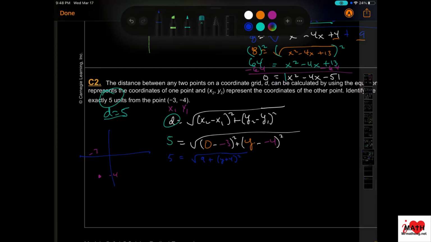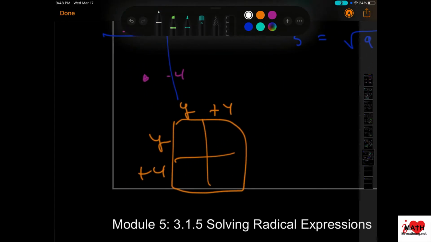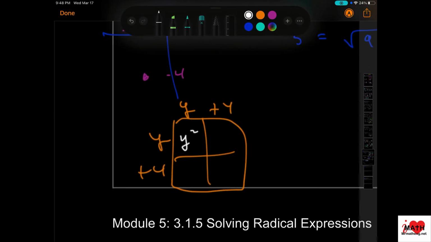Okay, so y plus 4 squared is really just y plus 4 times y plus 4. And this will give us y squared, 4y, 4y, and 16.